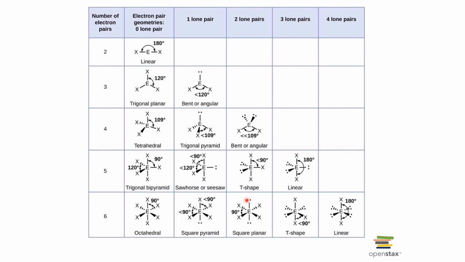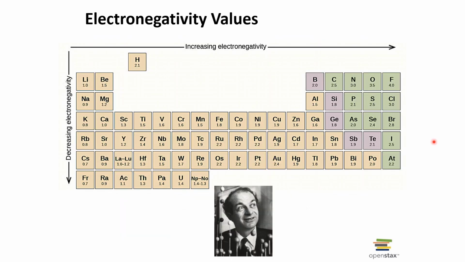All right, so with that, now we know how we draw the shape and how we determine the structures. We can take a look at how we determine the polarity with the electronegativity values in these structures. So these values have a pattern according to the periodic table.